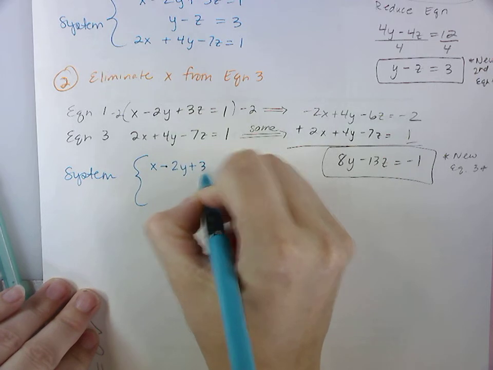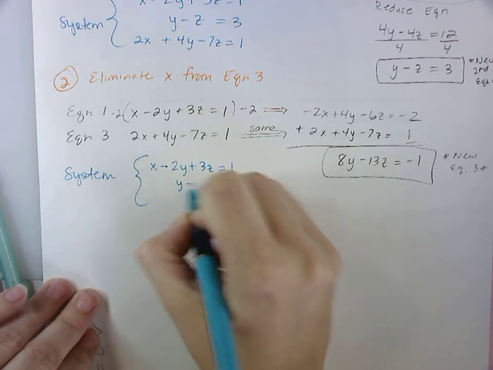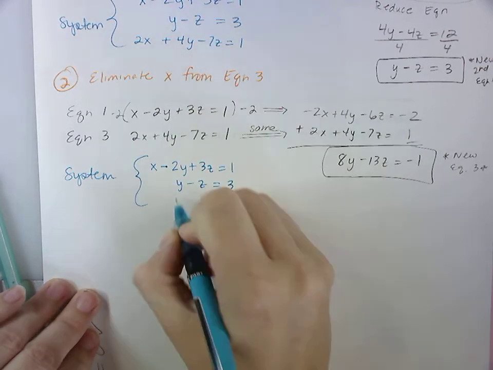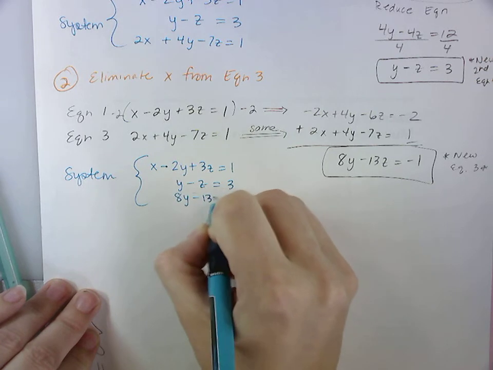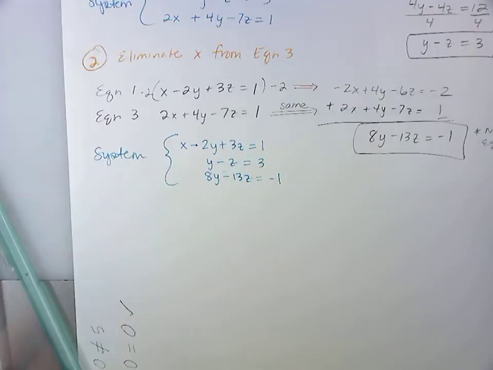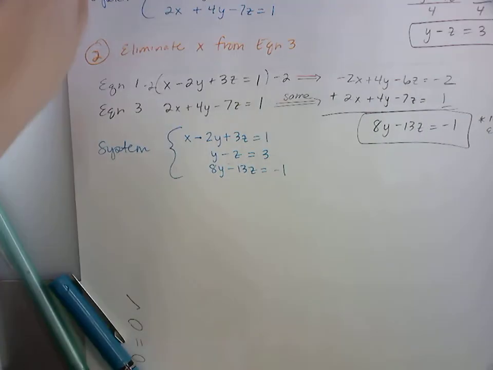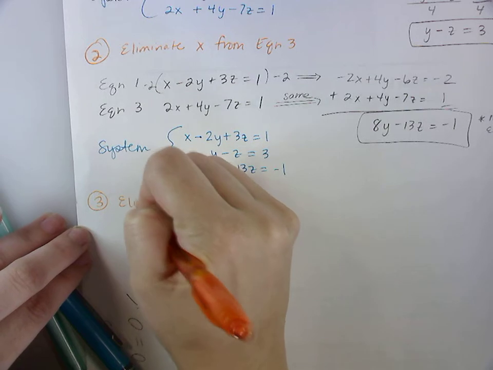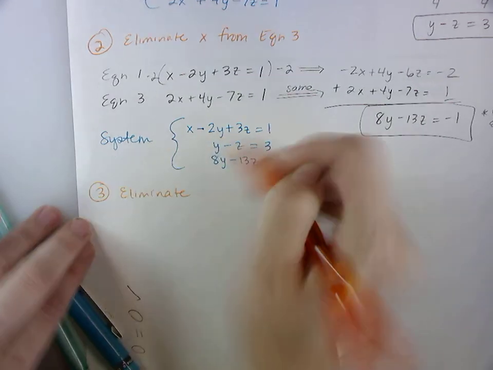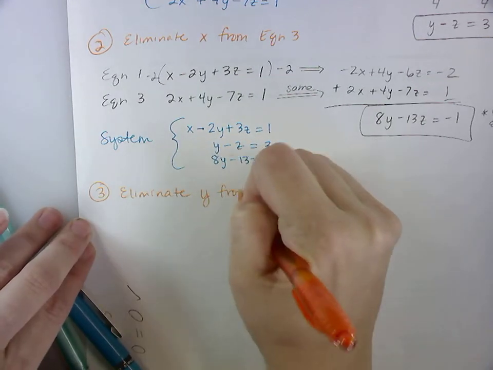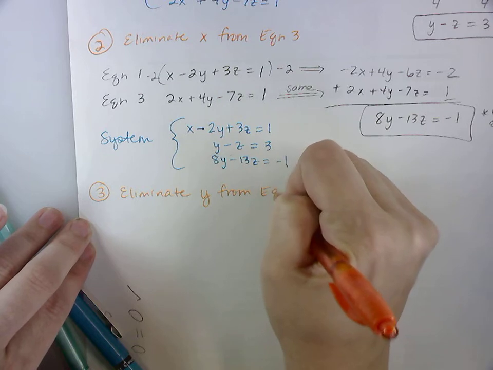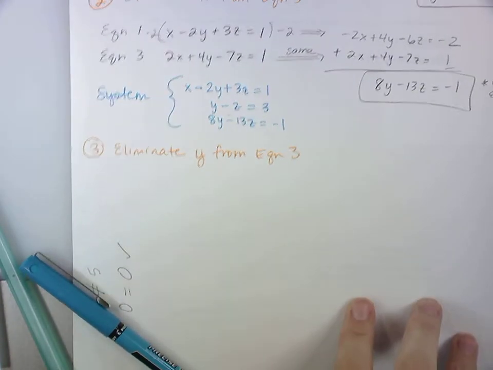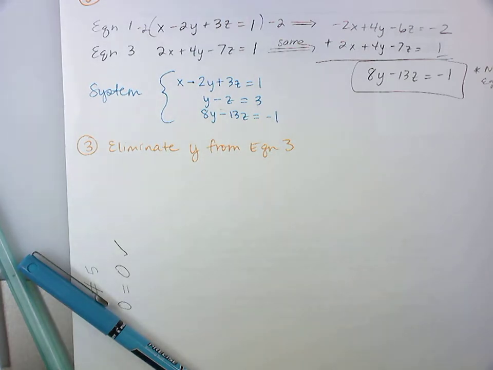Okay, so now my new equation 3 is 8y minus 13z equals negative 1. So our step 3 is going to be to eliminate y from equation 3. Because like Jonathan said earlier, we have to eliminate the x and the y, so we just split it up. We do the x first and then the y second.